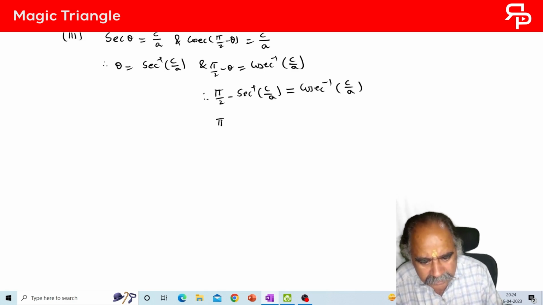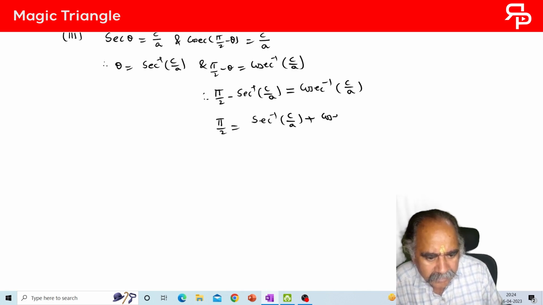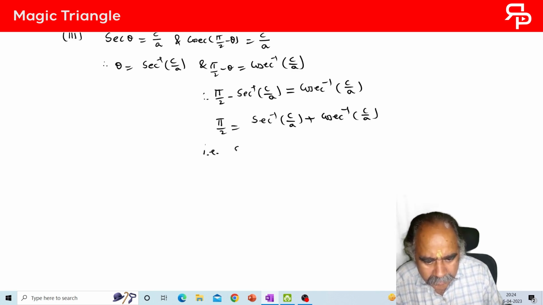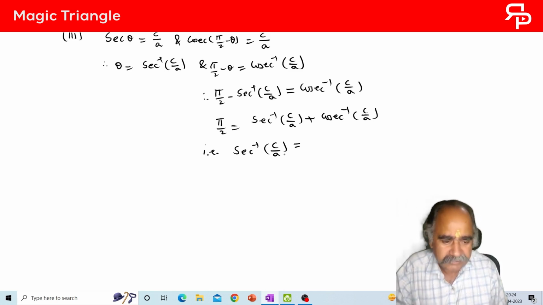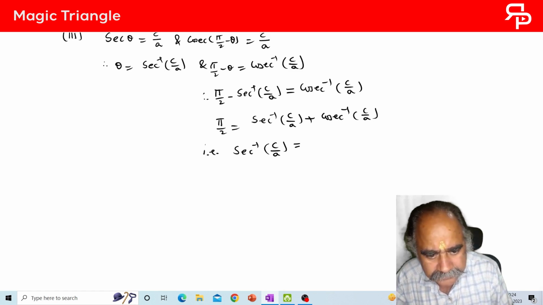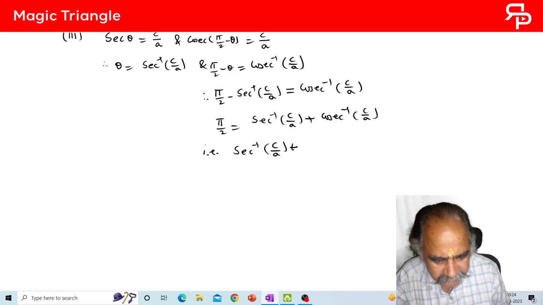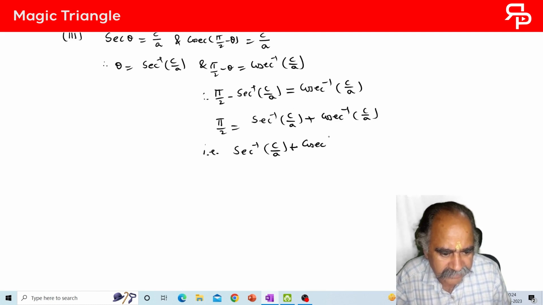So pi by 2 is sec inverse C by A plus cosec inverse C by A.